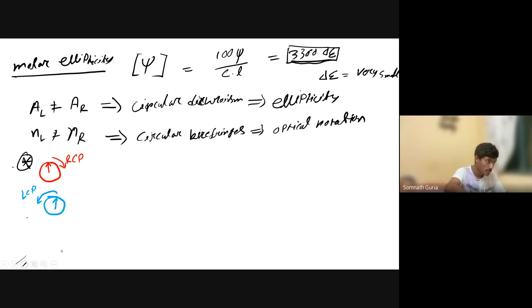We place the sample here in green color. Let's suppose both phenomena happen in a single chiral sample, simultaneously.